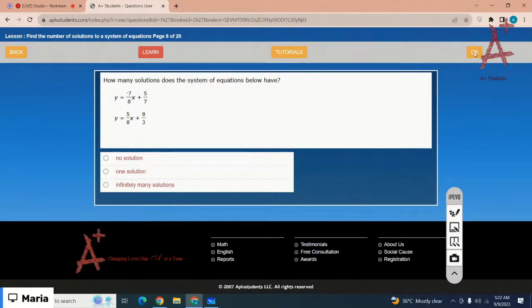That means the system has only one solution. They have different slopes, so that means they have just one solution.